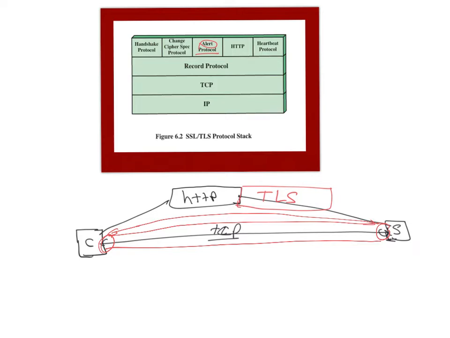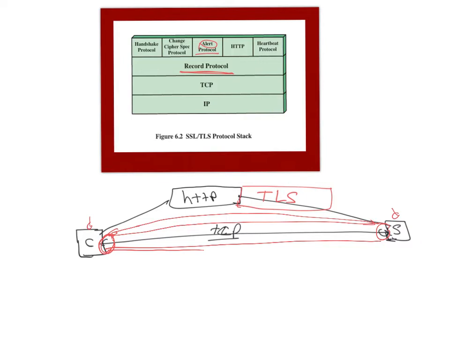Of course, the tunnel here is represented by the record protocol. The record protocol constitutes or represents this actual tunnel, which carries the actual data. The data that is exchanged is between applications, not hosts. Application to application communication, right? Not hosts.